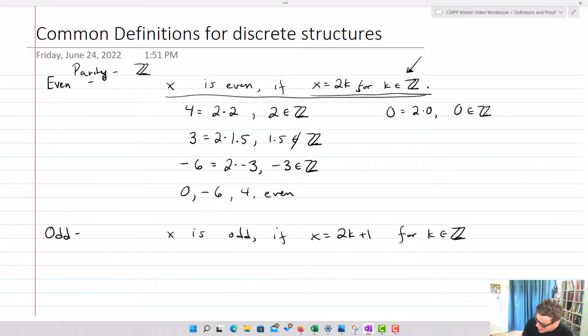Now, by the way, I'm actually going to make this an if and only if, and I'm going to make this one an if and only if as well. And the reason why is that if this is true, that means that x is odd. And if x is odd, it means that x equals 2k plus 1, right?